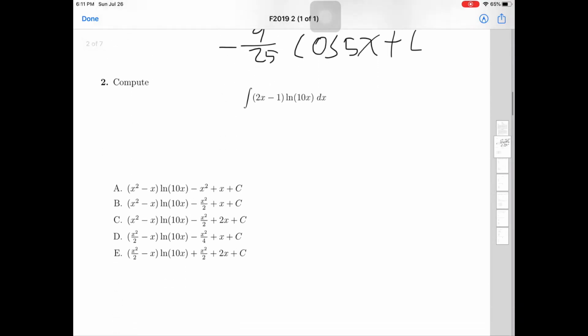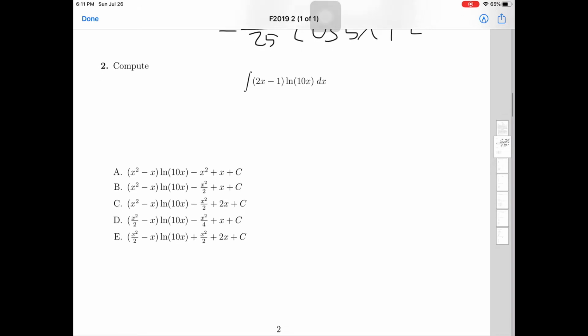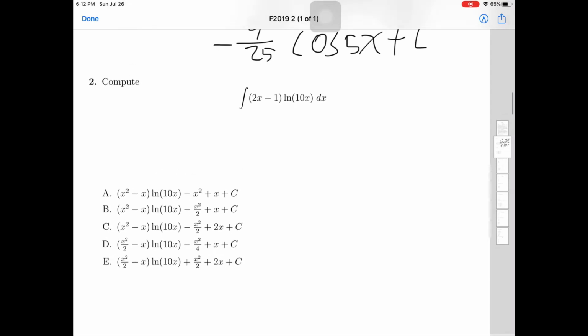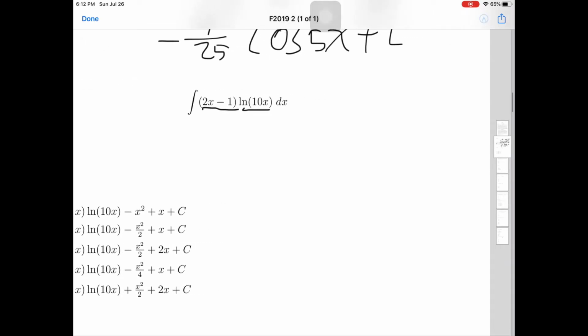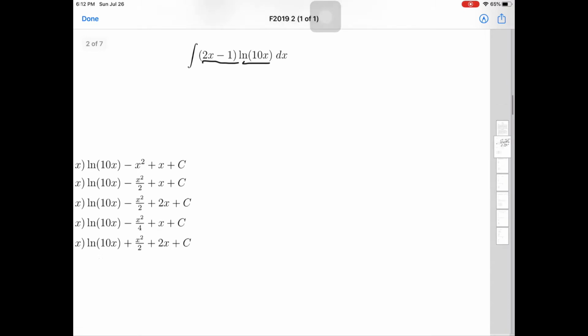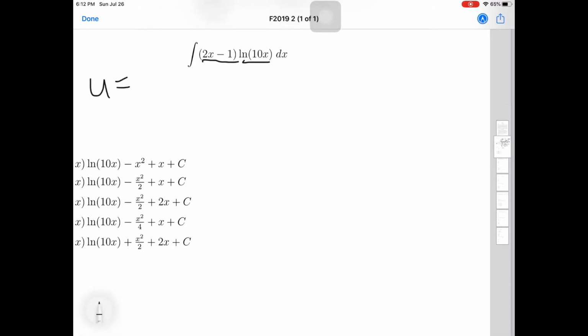Alright, let's move on to question 2. Again, this has two parts to it, so we can use by parts pretty easily. For u, it's probably best to use it on the log because of LATTE.